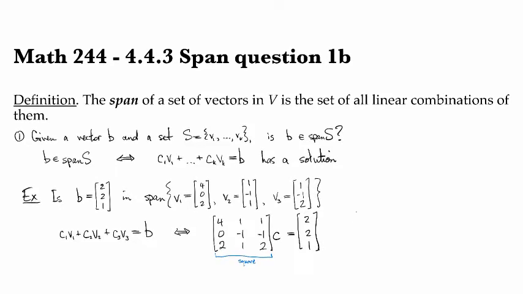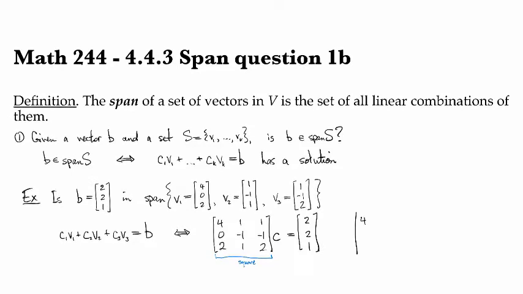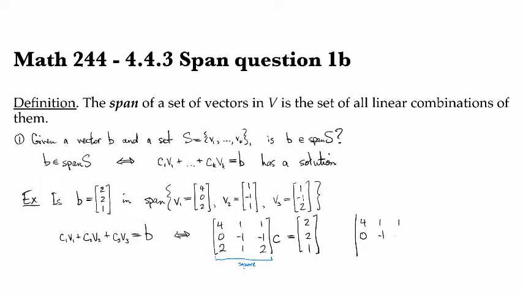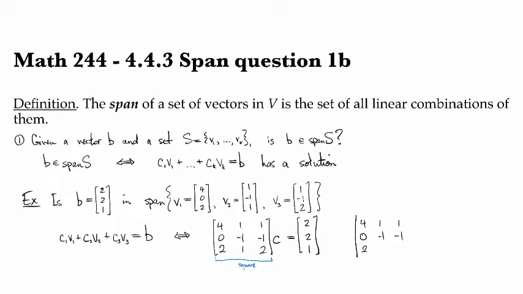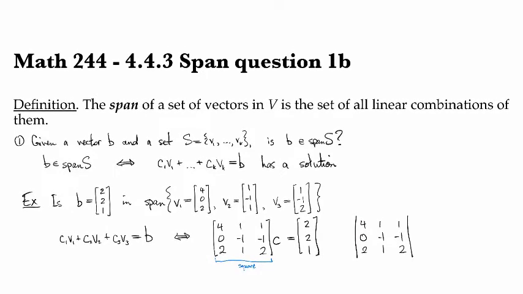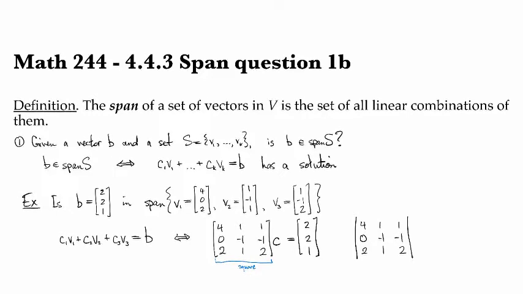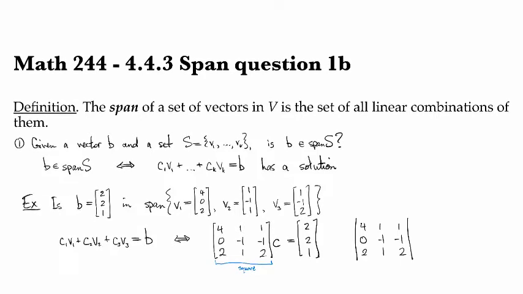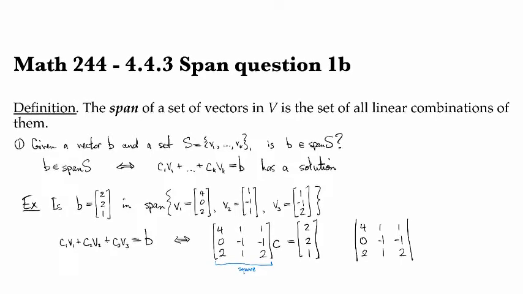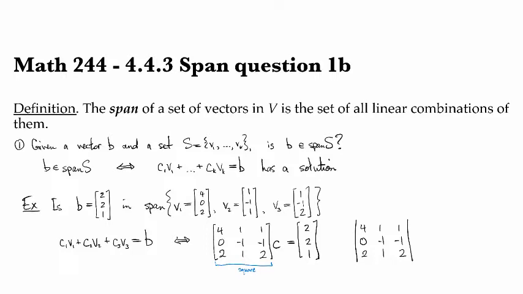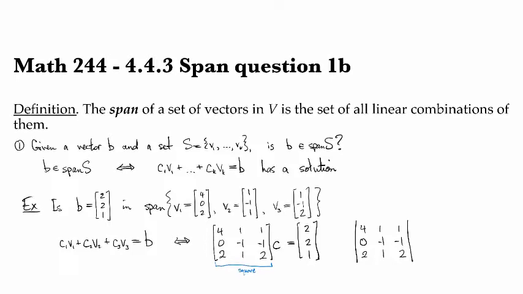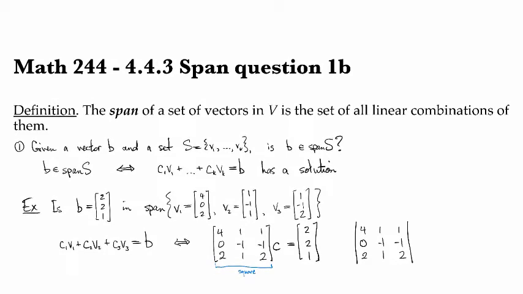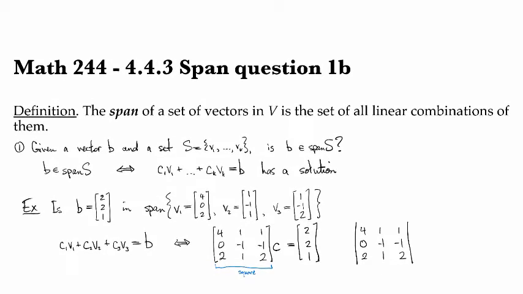And we know from the characterization of invertibility theorem that if the determinant is non-zero, then the matrix is invertible, and if the matrix is invertible, then there exists a unique solution. So let me say that again. If the determinant is non-zero, then the coefficient matrix is invertible. And one of the things that's equivalent to the coefficient matrix being invertible is that the system Ax equals b always has a solution, and it is a unique solution.